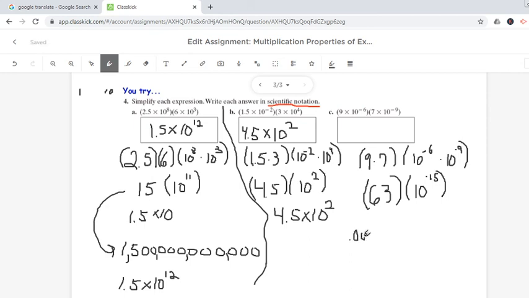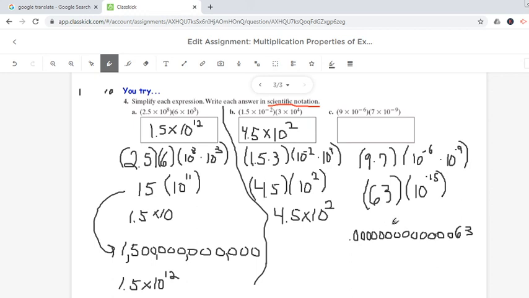So 1, 2, 3, 4, 5, 6, 7, 8, 9, 10, 11, 12, 13, and then 6, 3. Okay, right? Because you do 1, 2. So we took 2 off 15. So that's 13. So now 13 zeros.